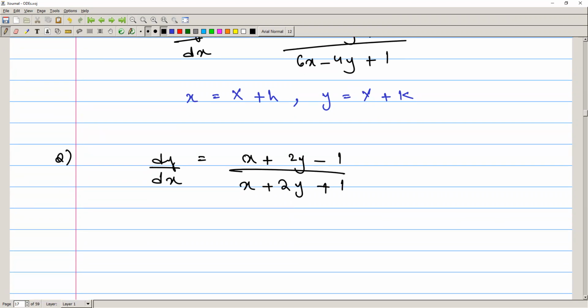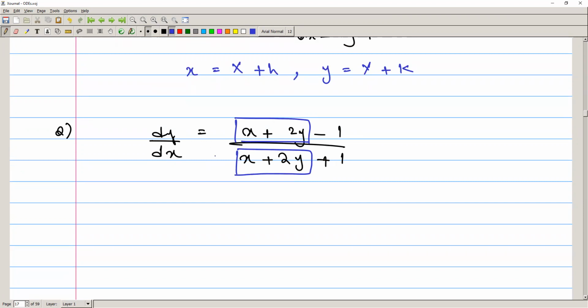Right, now see here, x plus 2y and x plus 2y are the same in the numerator and denominator. So what I can do here is simply write, let u is equals to x plus 2y.